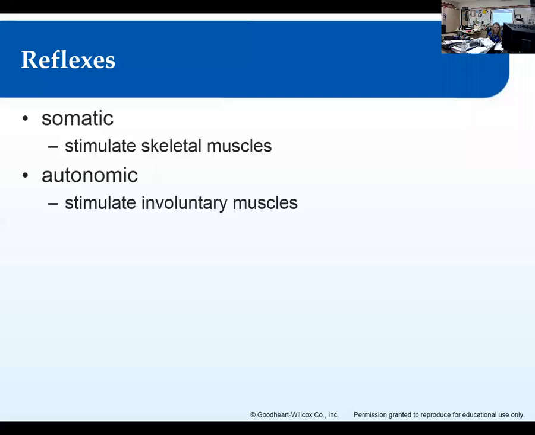For example, when you hit your knee, that stretches your quad. That stretching is sensed with your sensory neurons, goes up to your spinal cord, attached to the motor neuron, comes right back down, and makes your muscle contract.